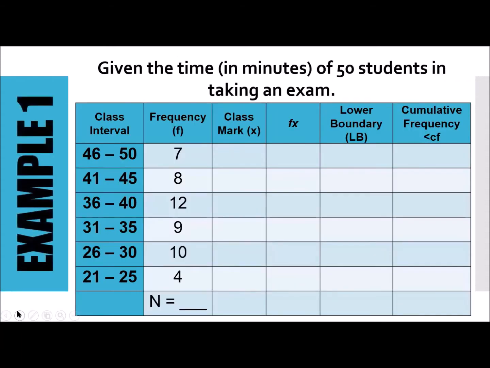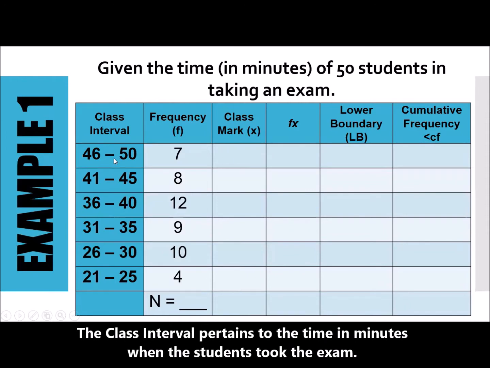First, balikan muna natin on how to make the frequency distribution table, which was discussed during our grade 7. So, given the time in minutes of 50 students in taking an exam, the first column pertains to the class interval, specifically yung minutes. So we have here 21 minutes to 25 minutes, 26 to 30, 31 to 35, and so on.